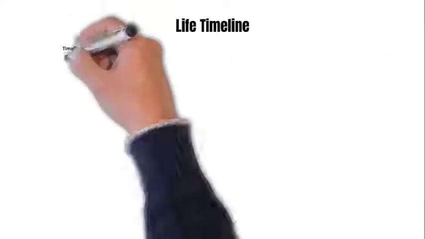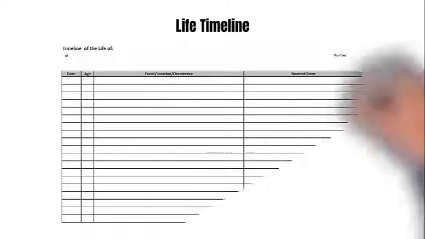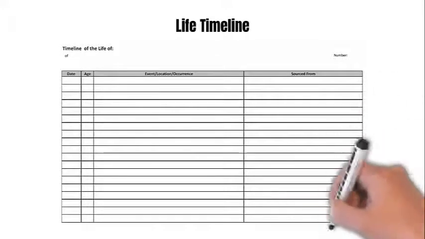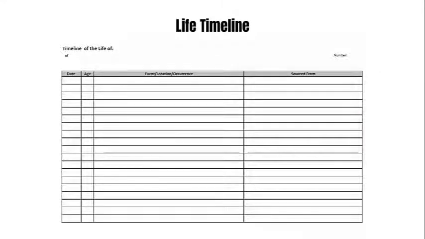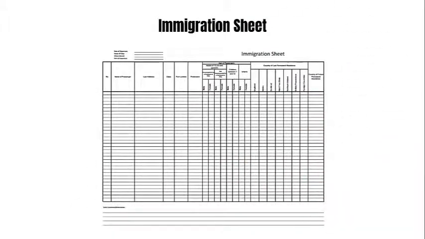Life Timeline. A life timeline allows you to keep a day-by-day, month-by-month and year-by-year record of your ancestors' life, in an easily understandable and readable format. Immigration Sheet. If one of your ancestors immigrated, an immigration sheet will save you time by tracking all their immigration paths.